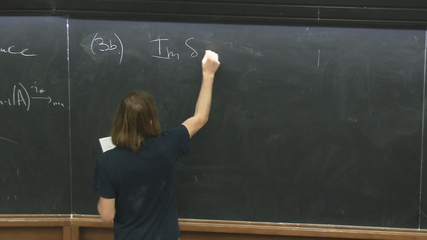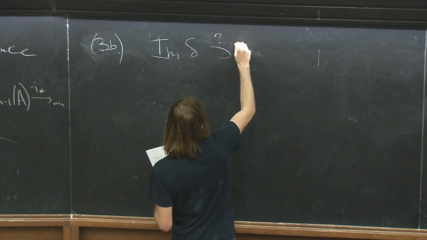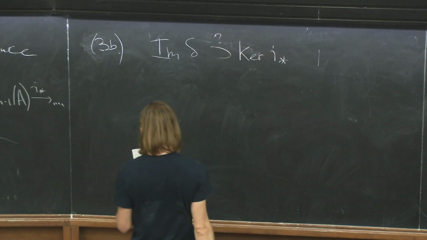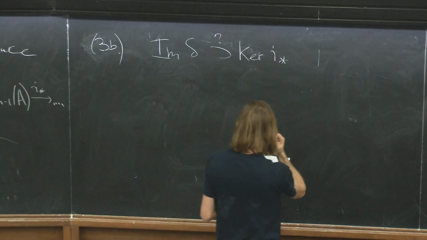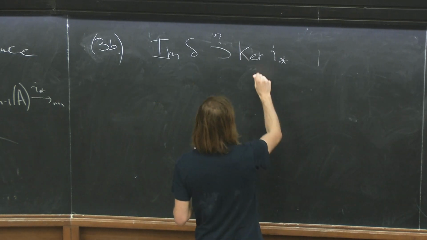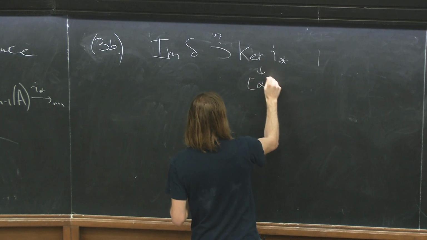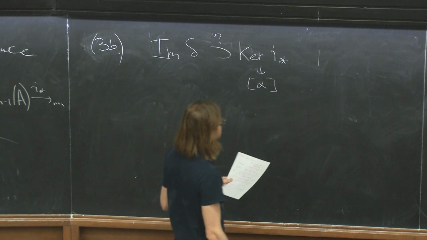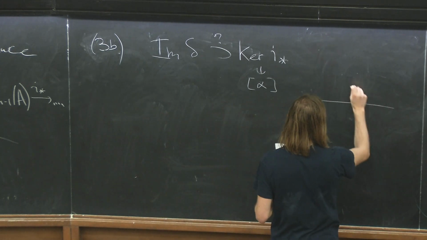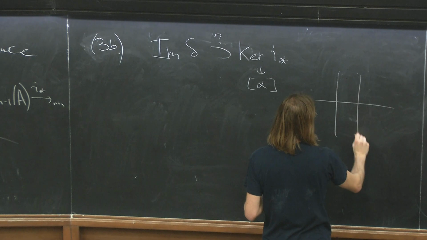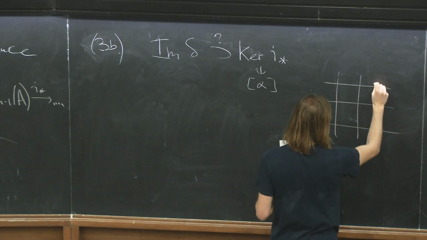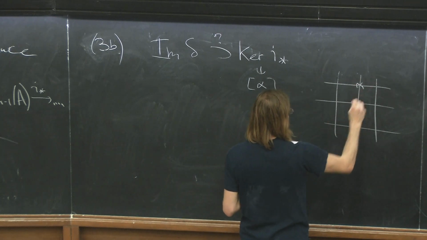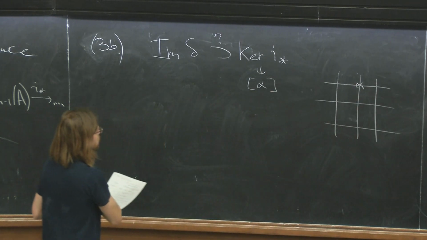Check that the image of delta contains the kernel of I star. Okay. Let's take some homological class represented by alpha in this kernel. This alpha will sit somewhere here in this first row.